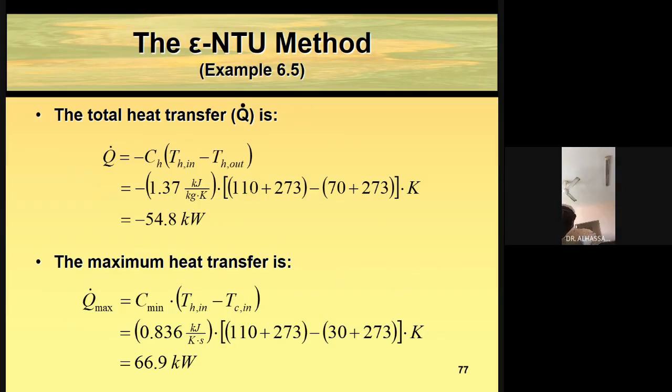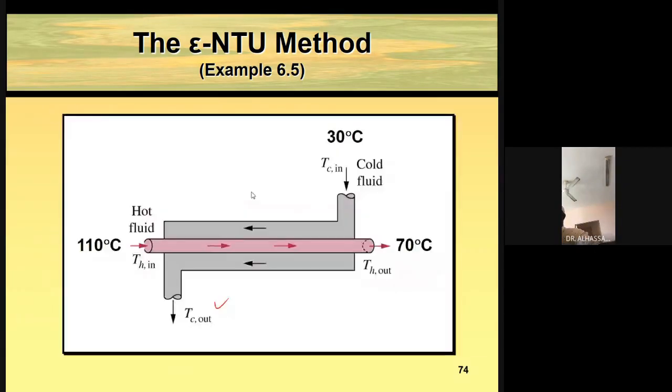this is the amount of heat gain. So if we look carefully, we know the temperature at the inlet for the hot, temperature at the outlet for the hot. So we can easily calculate QH. QH is equal to what? That gives us C for the hot times T hot in minus T hot out.